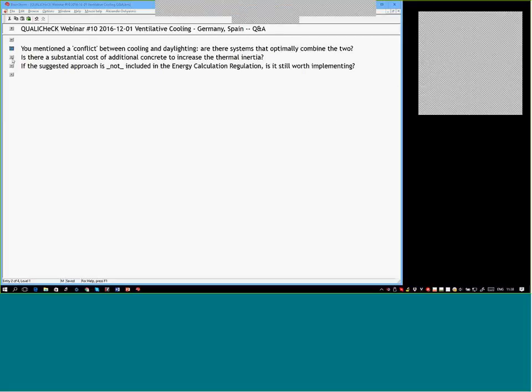Oh, very good. Then, question: is there a substantial cost of additional concrete to increase the thermal inertia? The technique that you mentioned? No. A substantial cost, I don't think so.